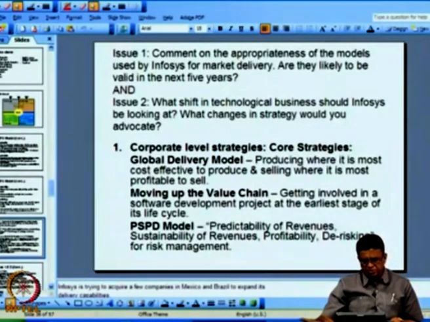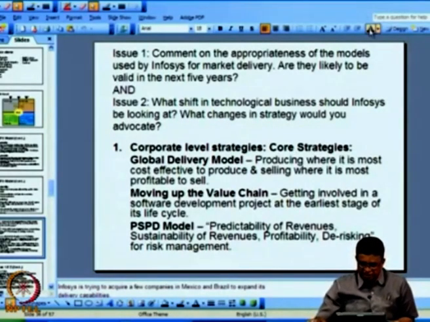Then the questions which are asked in the case with respect to the appropriateness of the models. If you really see, after making all this, you answer the questions. So, this is the way you should address the issues.